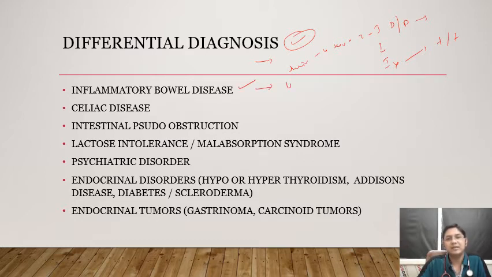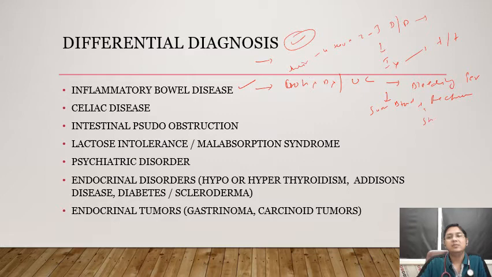That is, as we all know, Crohn's disease and ulcerative colitis. Both diseases are combined together as inflammatory bowel disease. The most striking differentiating point from irritable bowel syndrome is bleeding, bleeding per rectum. If the patient has inflammatory bowel disease, there are times when the patient has blood in the stool.